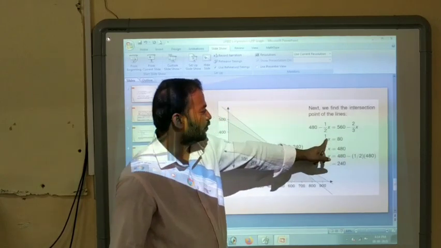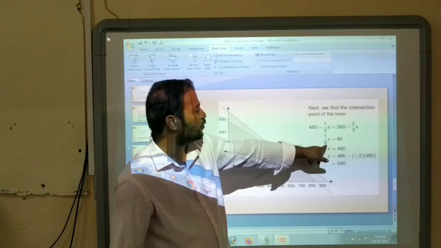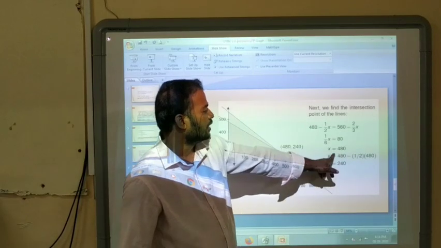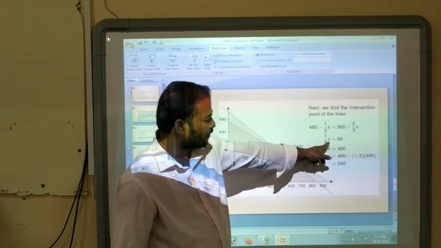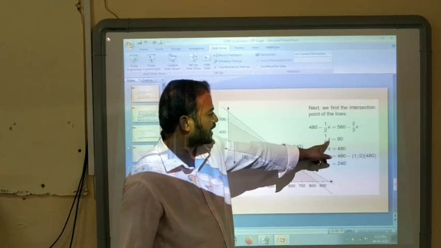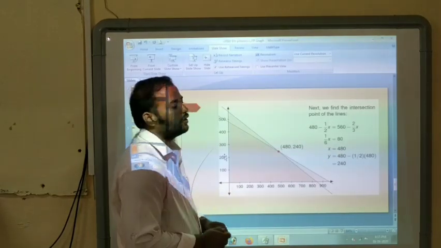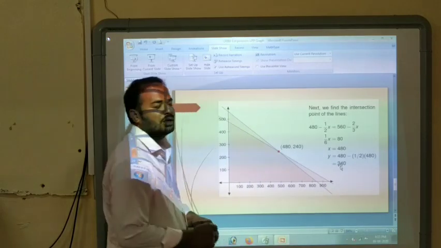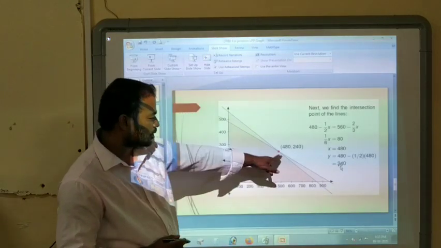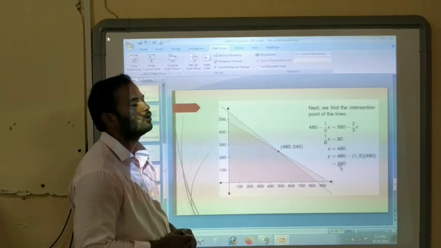When we do the cross multiplication, we get x equal to 6 into 80, x is equal to 480. Putting the x value into the same equation, we got the y value 240. Hence, we got the values at the corner point: 480 and 240.